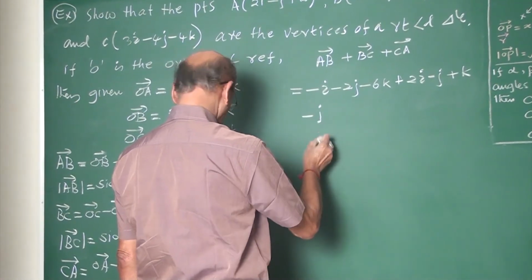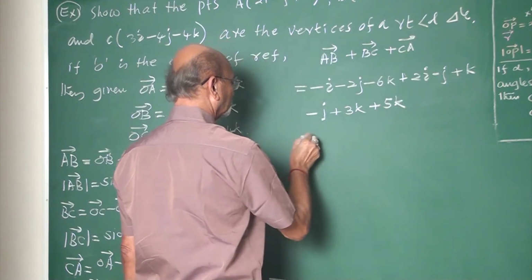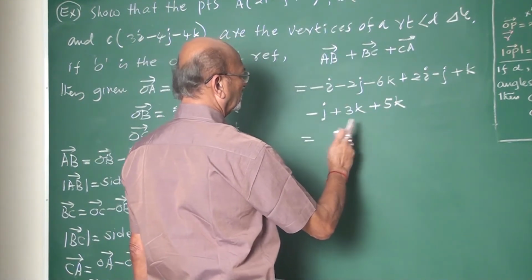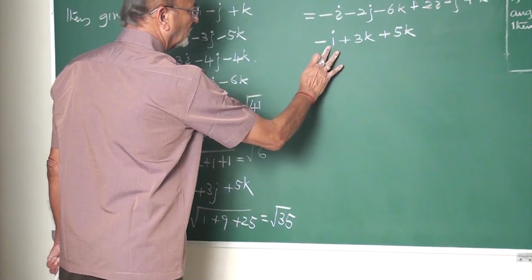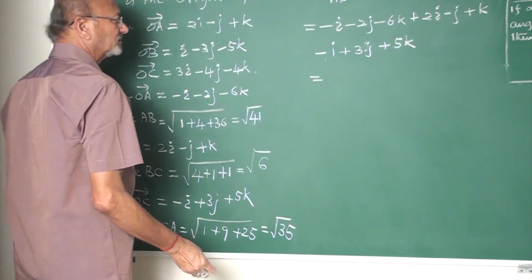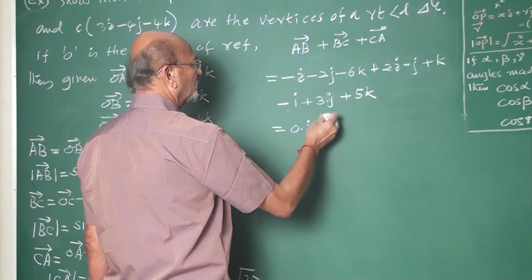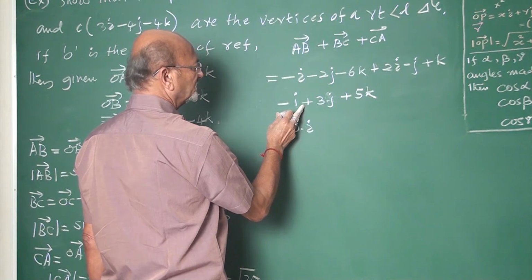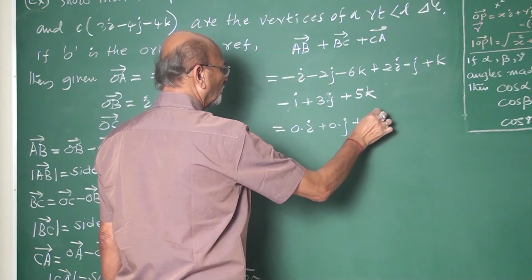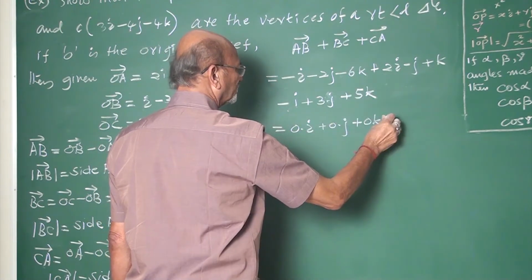Minus i plus 2i minus i is 0 into i. Minus 2j minus j plus 3j, 0 into j. Minus 6k plus k plus 5k, 6 minus 6, 0.